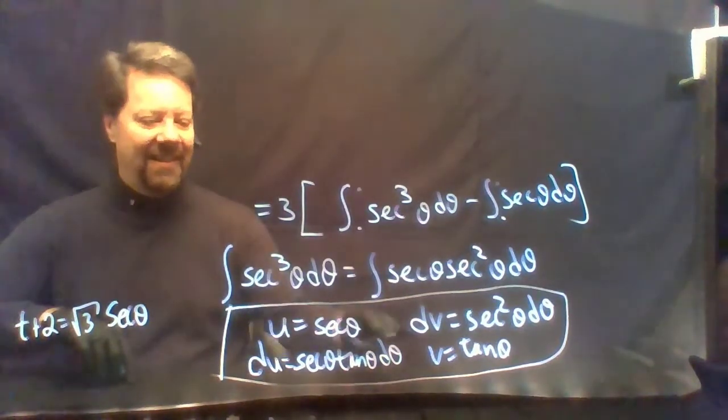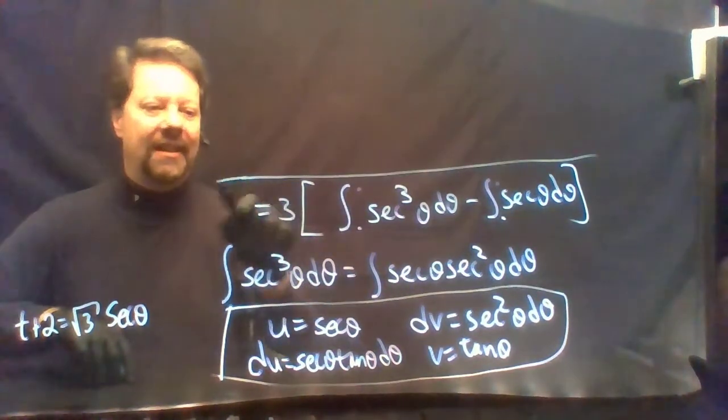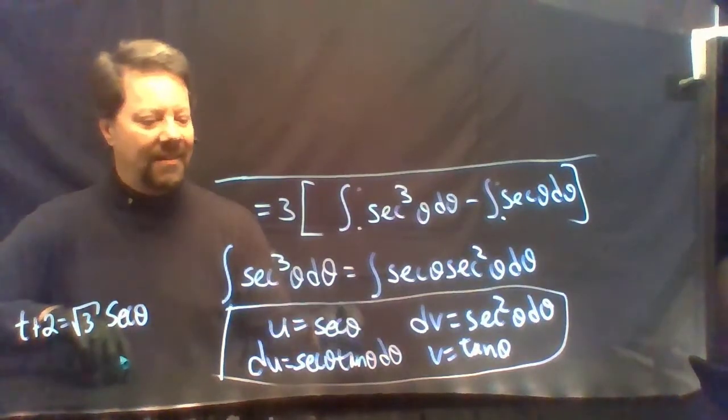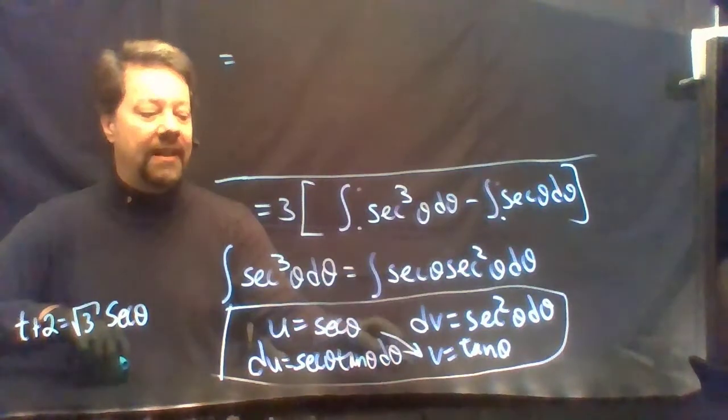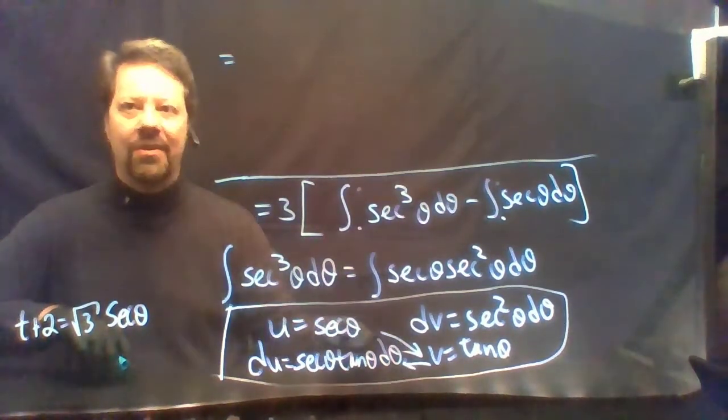We have then, in this side computation disconnected from the main computation, that the integral of secant cubed is uv minus the integral of v du.